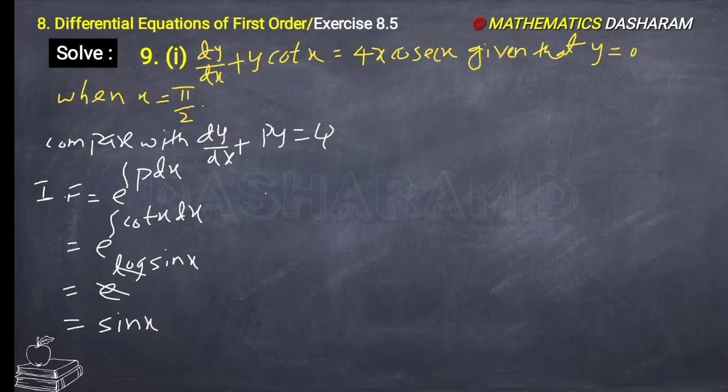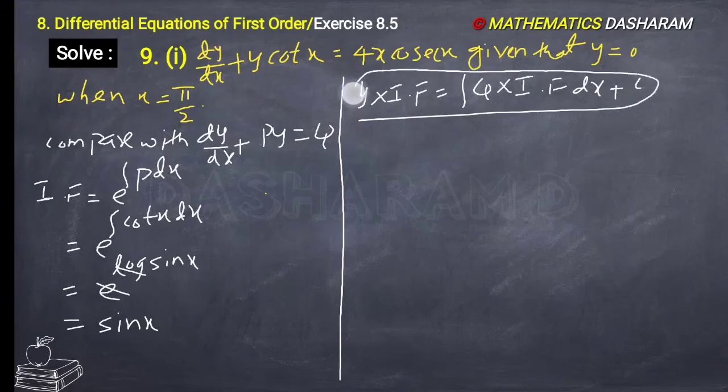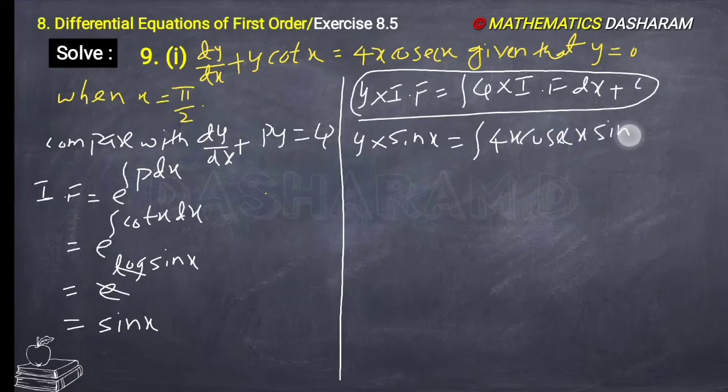Now let's find the solution: y into integrating factor equals integration q into integrating factor dx plus c. So y into integrating factor sin x equals integration of q, that is 4x into cosec x, into sin x dx plus c.